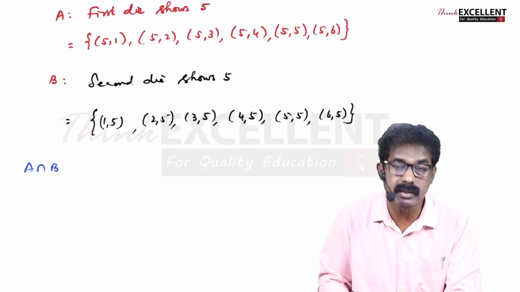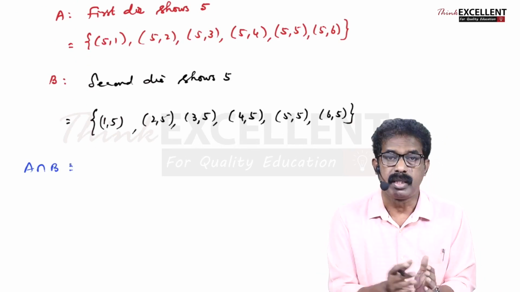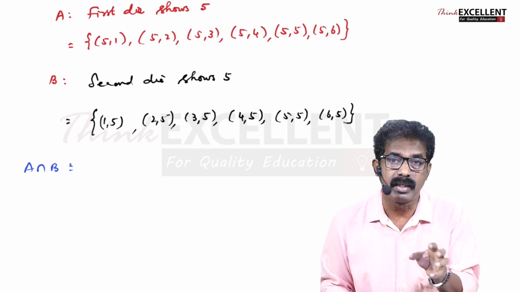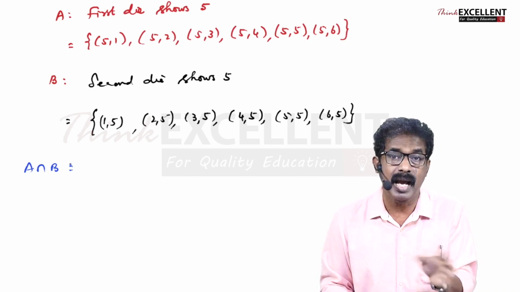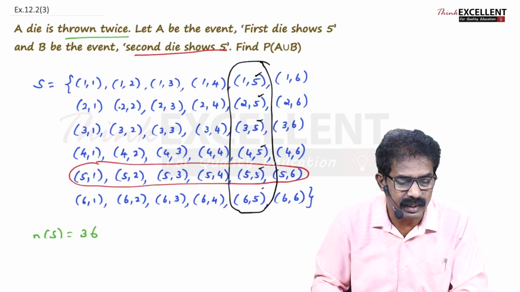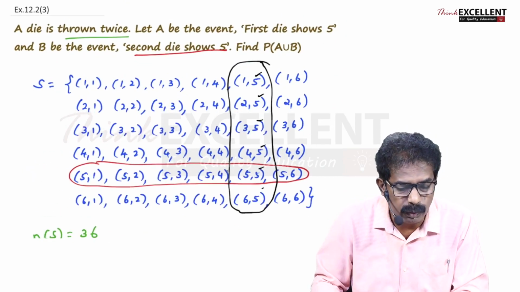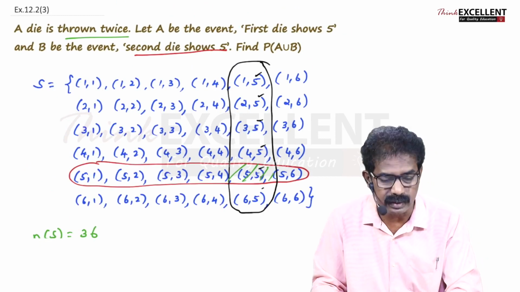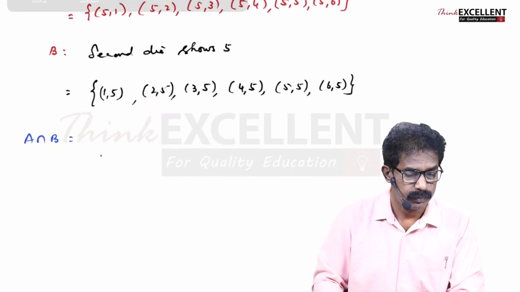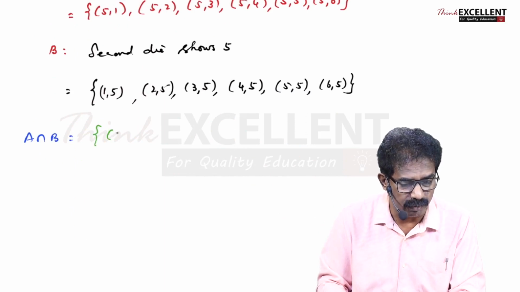A intersection means and, right? A stands for first die shows 5, B second die shows 5. Intersection means both A and B. First one is 5 and second one is 5. There is only one such case. That is the common portion, right? 5, 5, common for both. So A intersection B is only one, 5, 5.